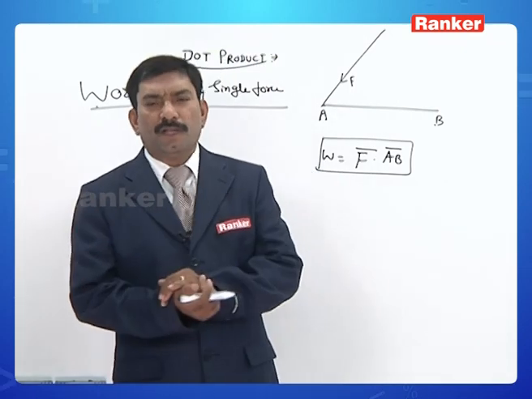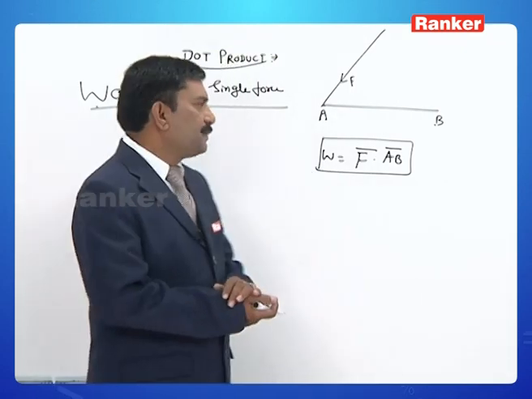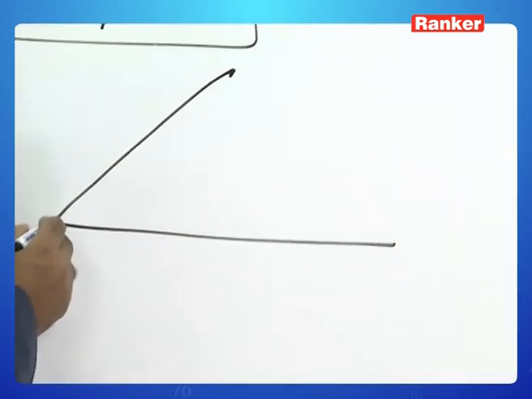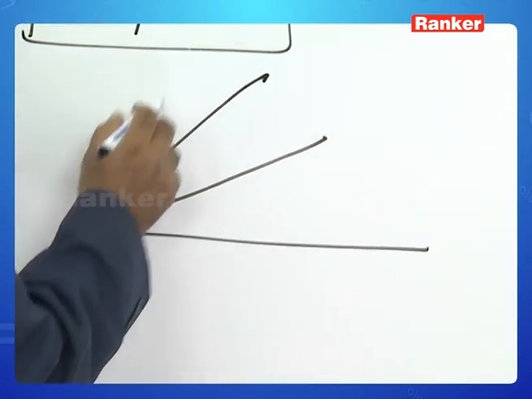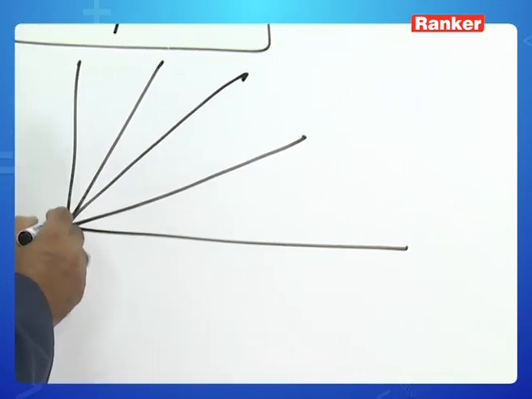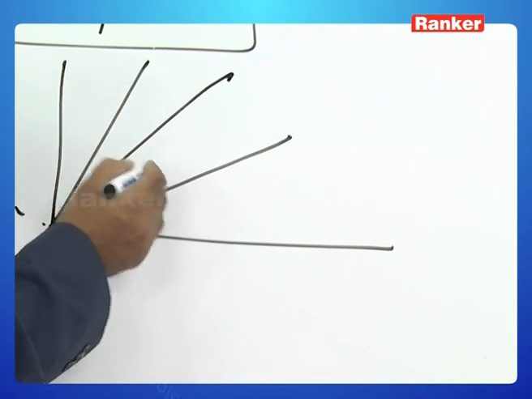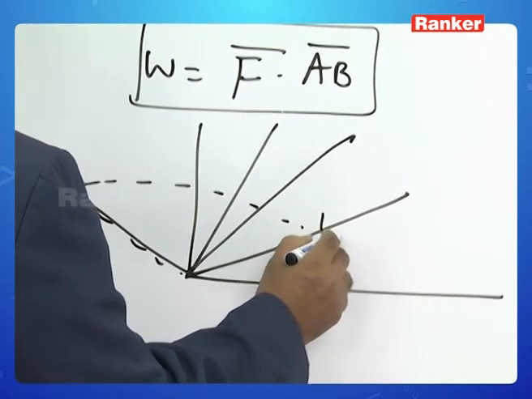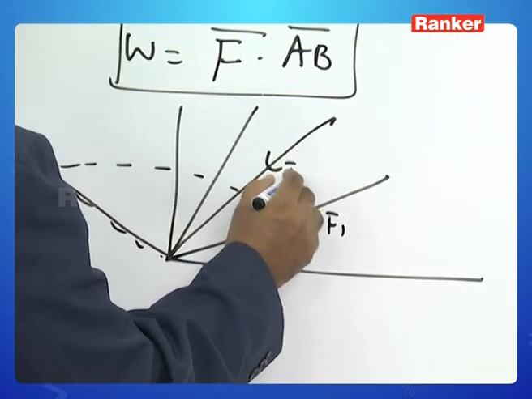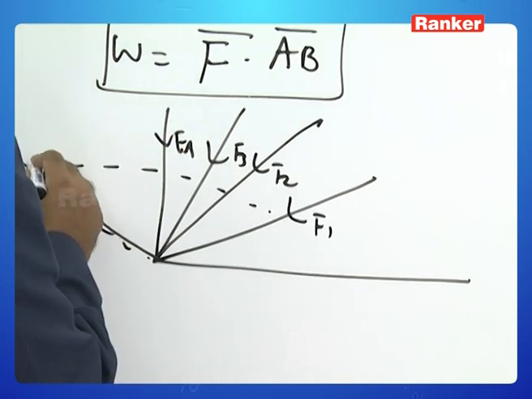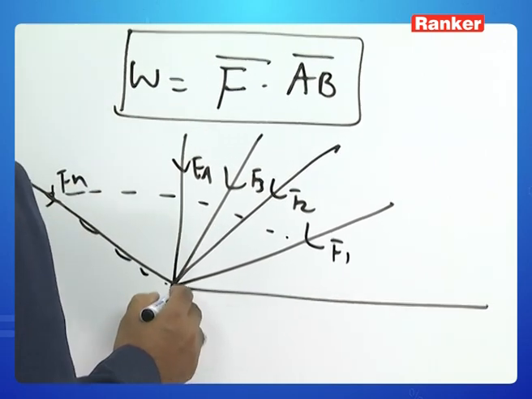If I take a cluster of forces, this is one force, another force, and any number of forces may act. You take this as F1, this as F2, this as F3, this as F4, and this is Fn.